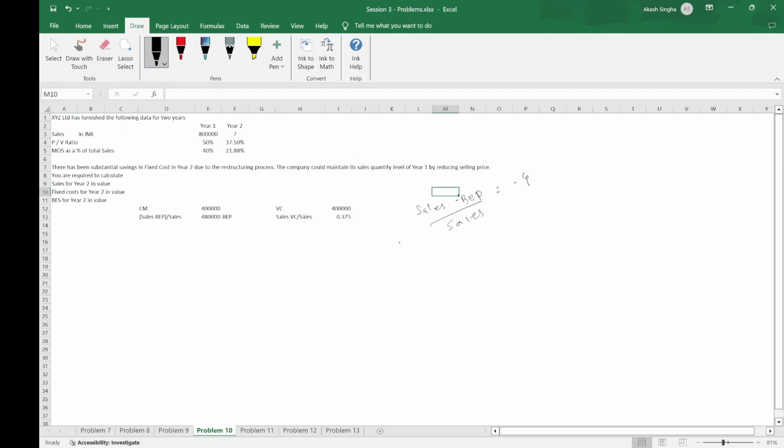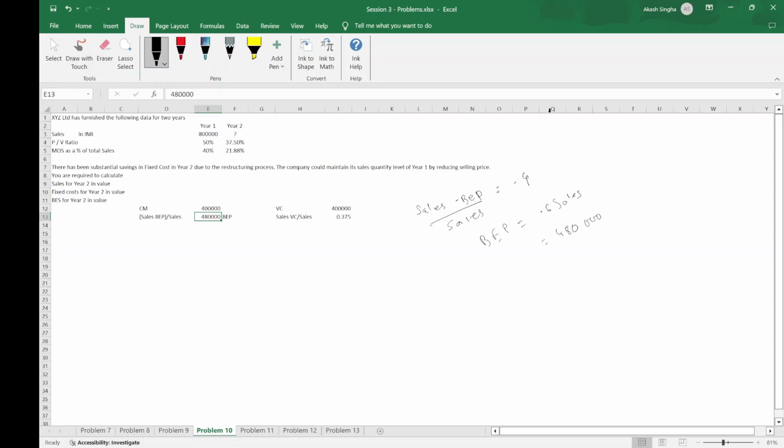So from that we can see that BEP equals 0.6 of sales. So BEP equals 0.6 of 8 lakh, which is 4.8 lakh, 480,000.